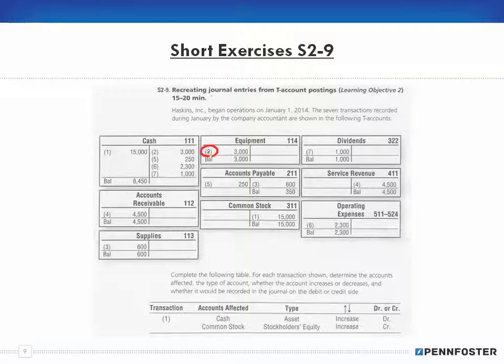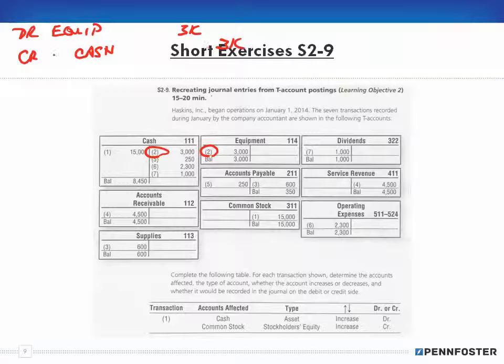I have a number 2 for equipment, so that's a debit to equipment for $3,000. And I'm looking for the other number 2 here. Number 2, where is it? Right here for cash. So I have a credit to cash for $3,000.